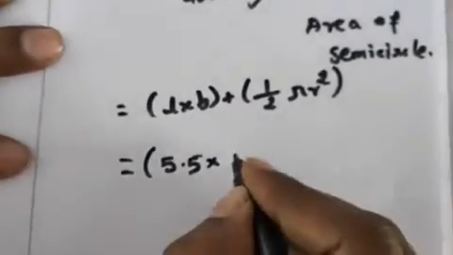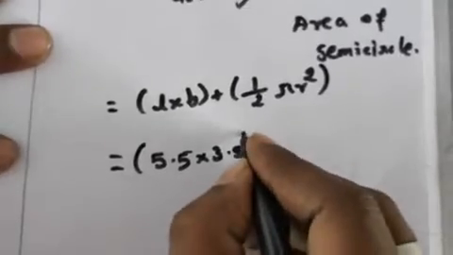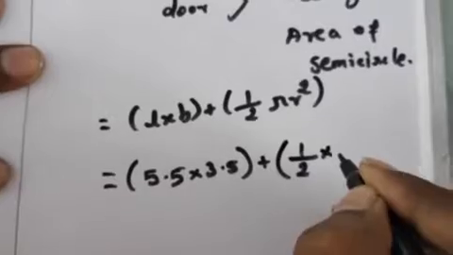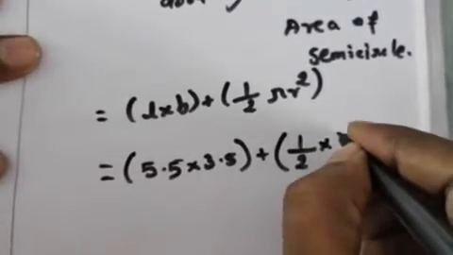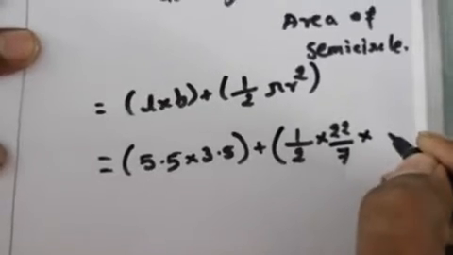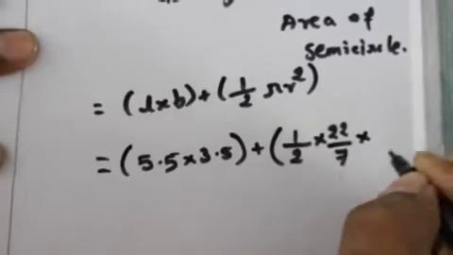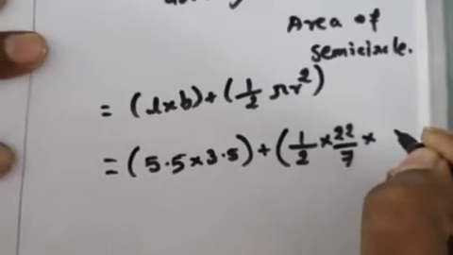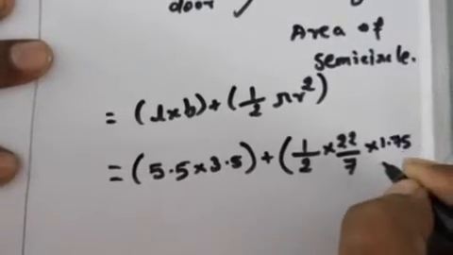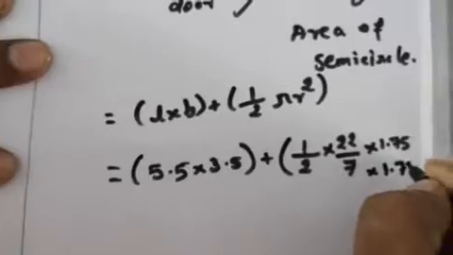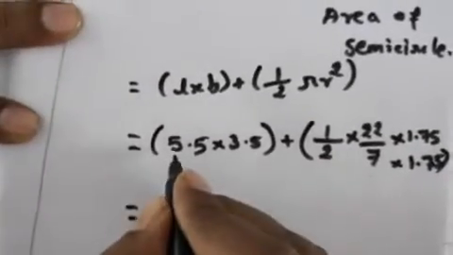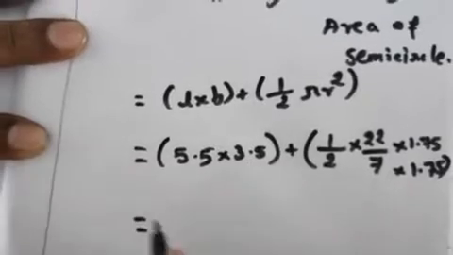The value of B is 3.5. Then plus half into the value of pi, which is 22 by 7, into r square. R square means r into r, so 1.75 into 1.75. Now multiply 5.5 into 3.5.